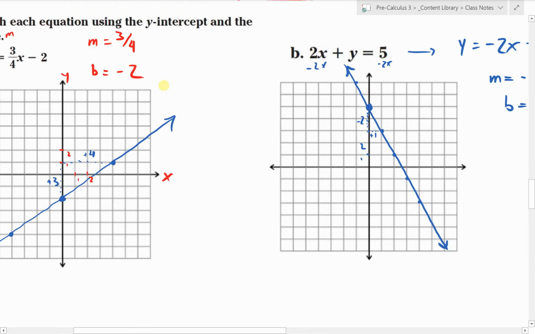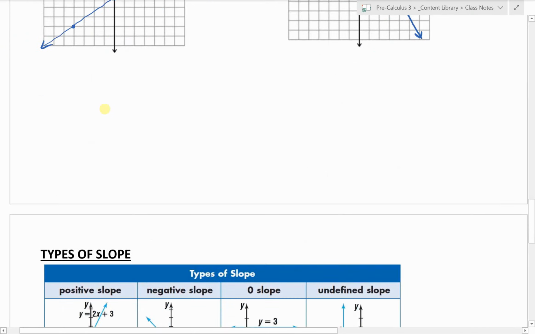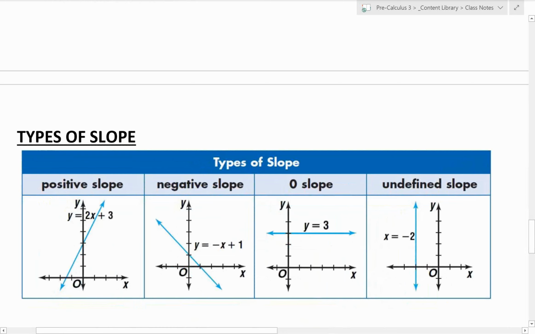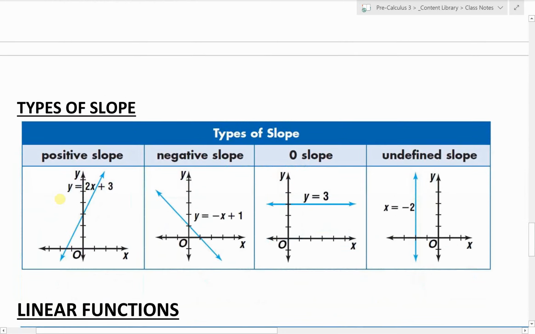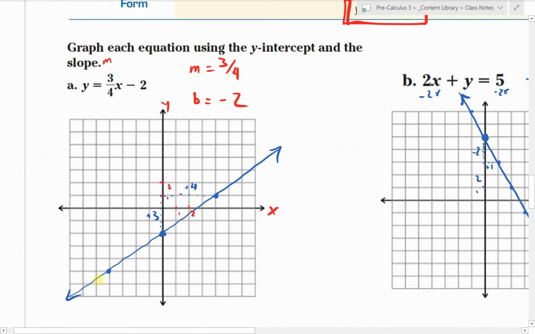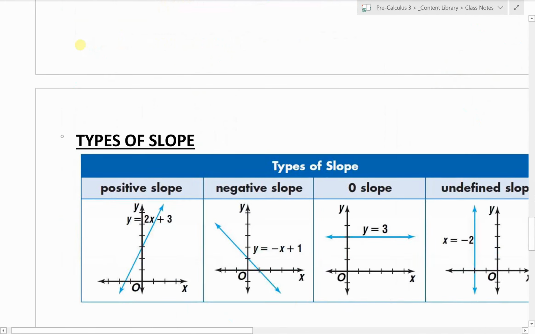Just to review also with respect to slope, there are really only a few different particular types of slopes that you can get, but we want to review those real quick. We saw an example of the first two in our previous examples here. If we are trending upward as we move from left to right, this is called a positive slope.